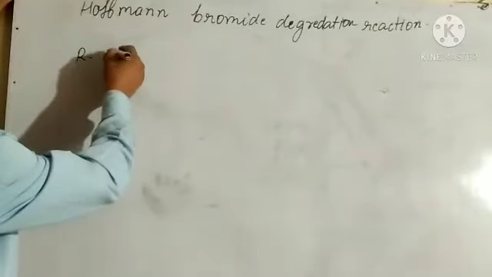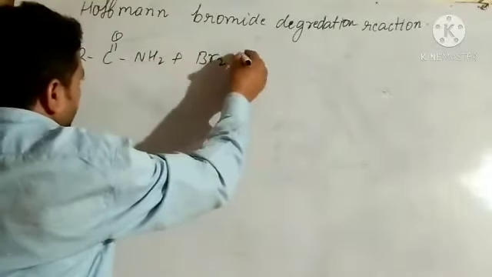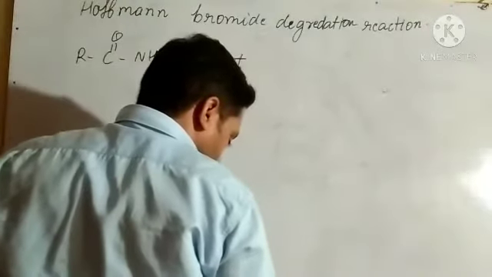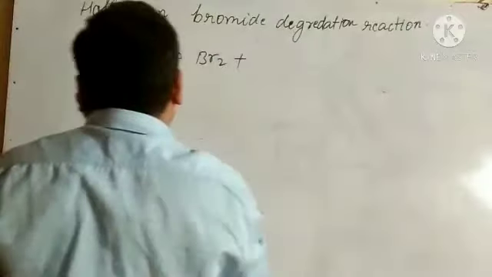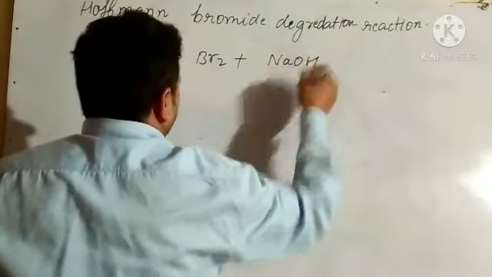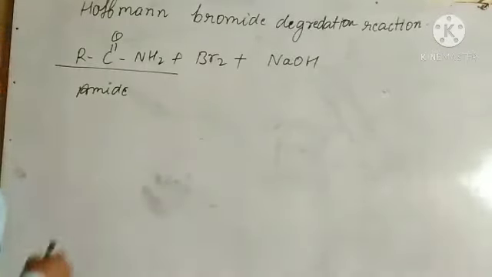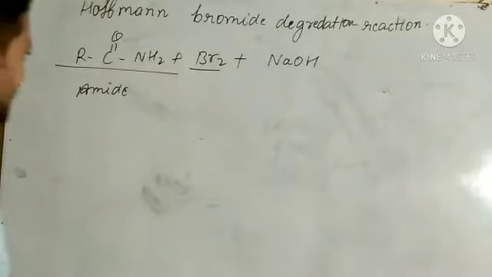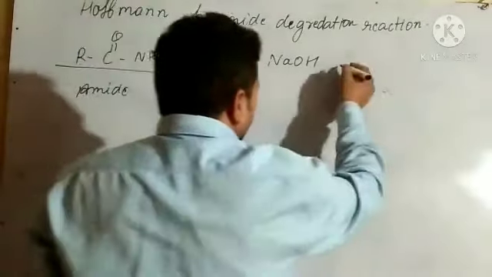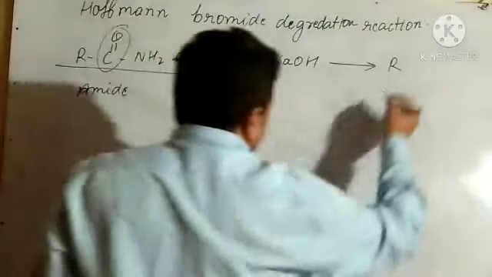Amide reacts with bromine in ethanolic or aqueous solution of sodium hydroxide. Amide reacts with bromine in ethanolic or aqueous solution of sodium hydroxide and gives amines. So it will form amines.